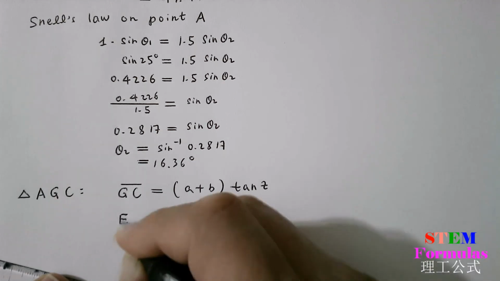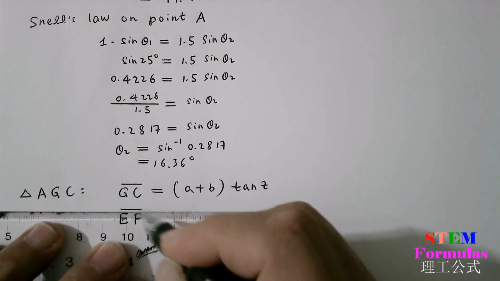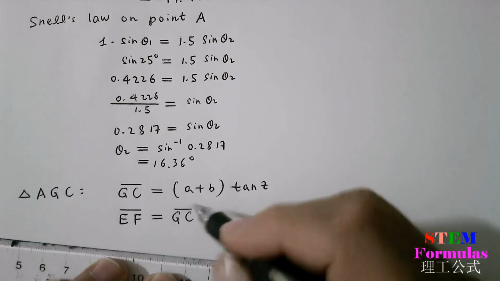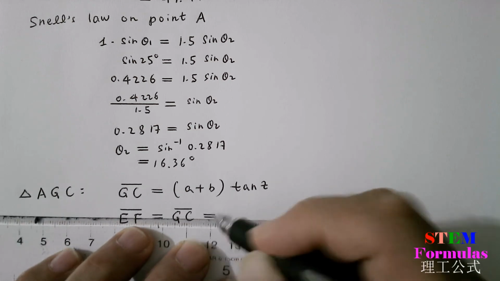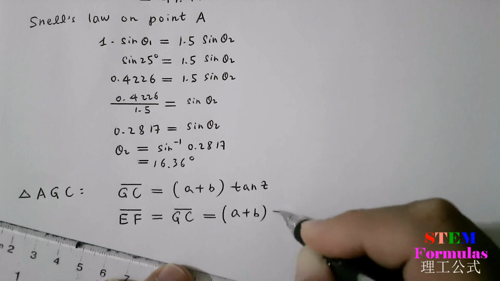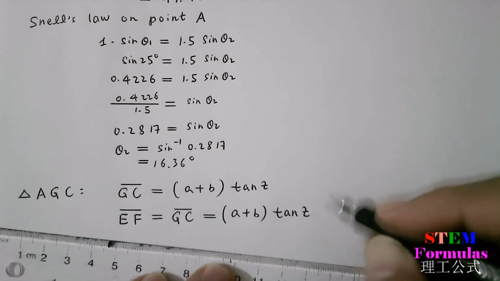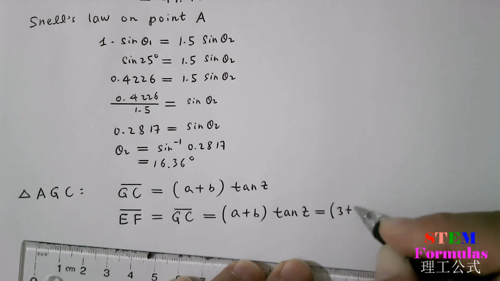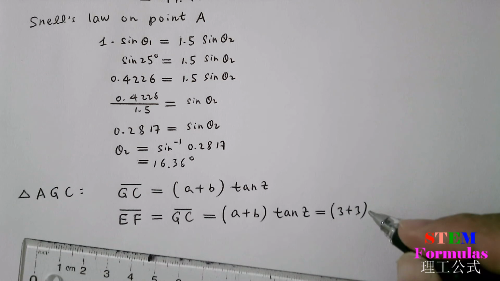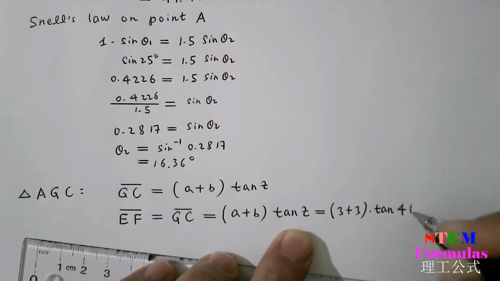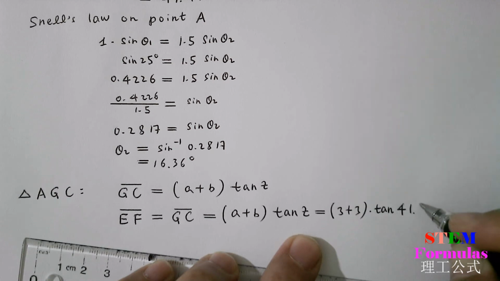Therefore, EF equals GC, which equals (3 plus 3) times tangent z, where z equals 41.41 degrees.